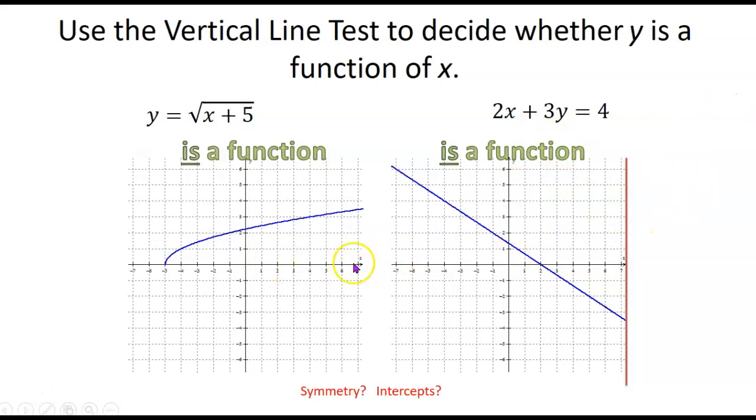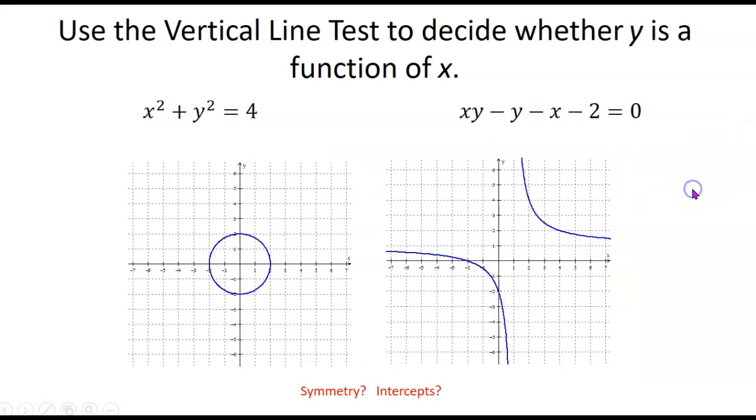By the way, neither of these have any of the kind of symmetry we talked about, and we could find the x-intercept and the y-intercept if we wanted to. But let's look at some more examples of the vertical line test. This circle is the graph of the equation x squared plus y squared equals 4. Does that define a function? Is y a function of x?